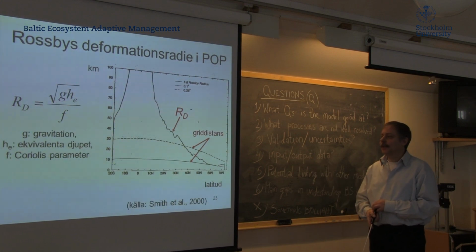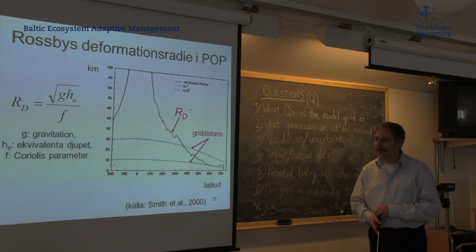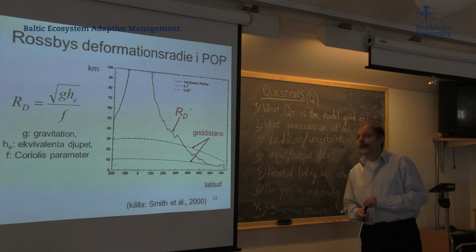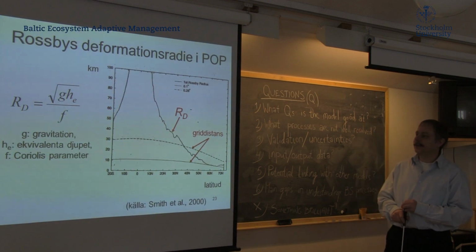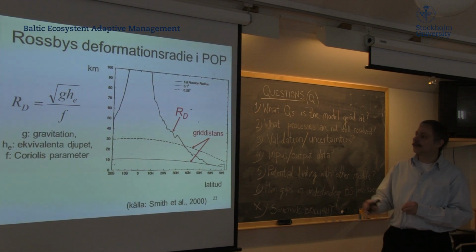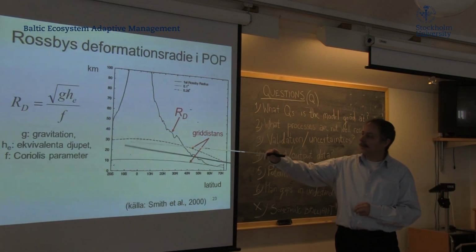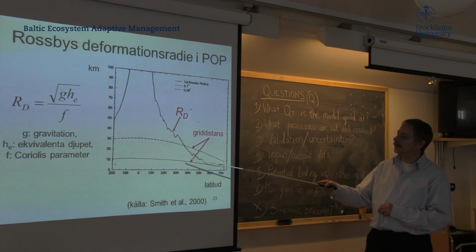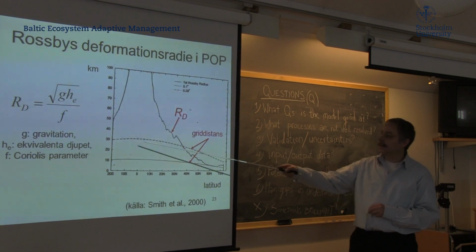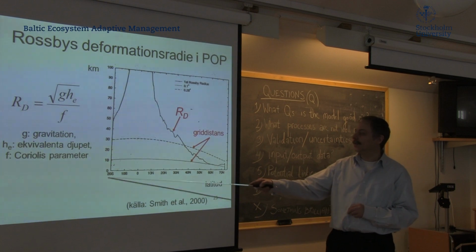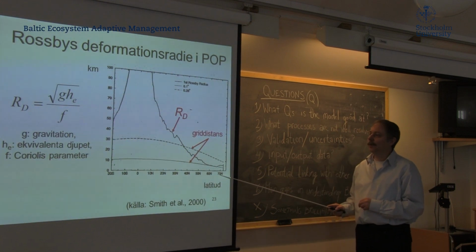And usually to take into account that the Rossby radius of deformation that describes the eddies is smaller in the north, these grids are multiplied with the cosine of the latitude. So therefore, it's not just a constant curve here, the grid distance, but it is getting smaller towards the pole. So we have here 20 degrees south and 70 degrees north.